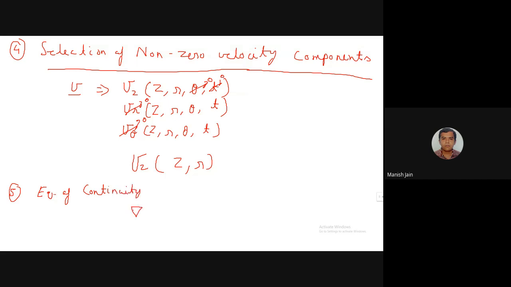That is del dot v equal to 0. Okay, now you have to write for the cylindrical coordinate system.